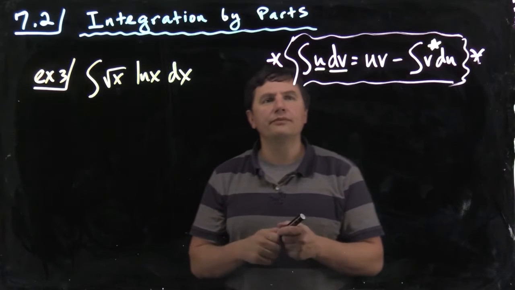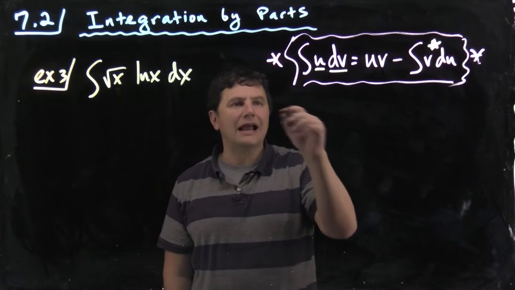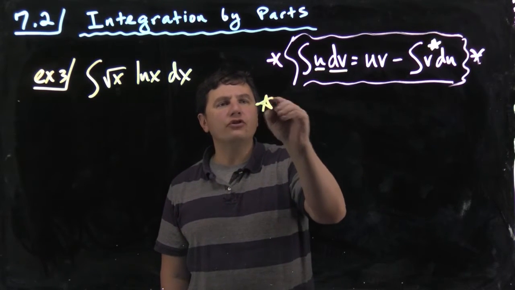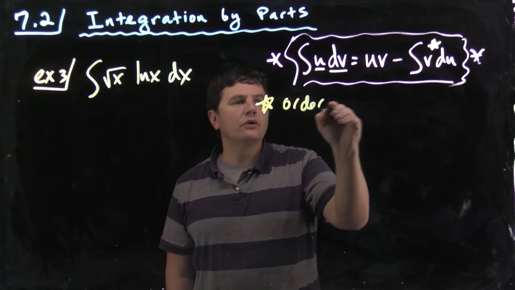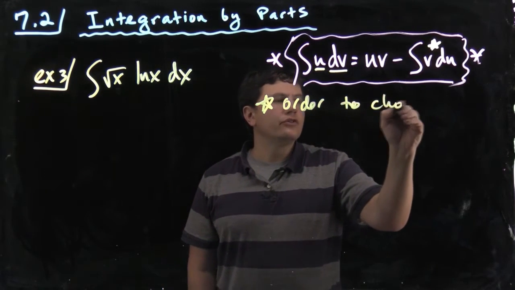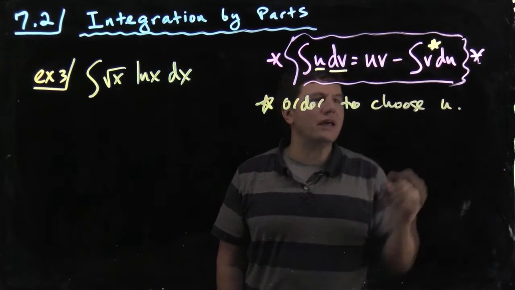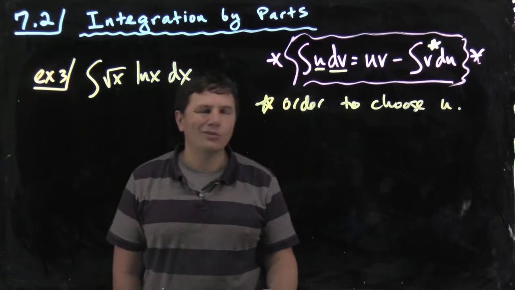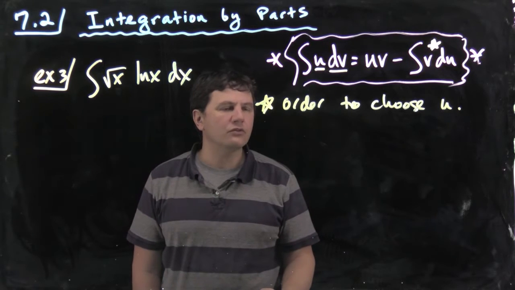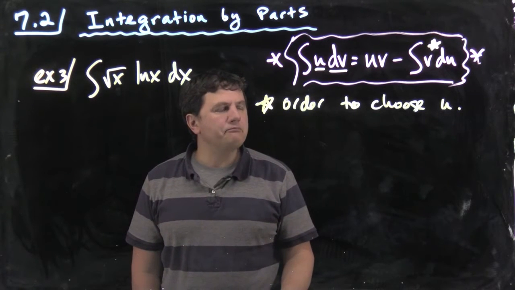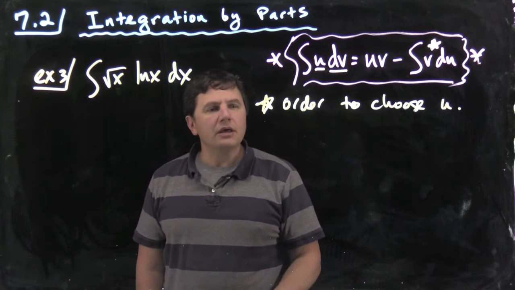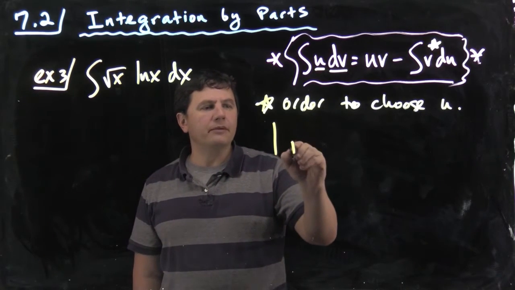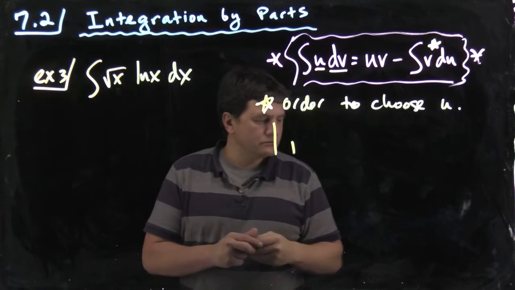There's an acronym that helps out here for the order to choose u. By the way, this generally works. It doesn't always work, but it works most of the time with the problems we're going to get. So the order to choose u, there's a term called LIPET.